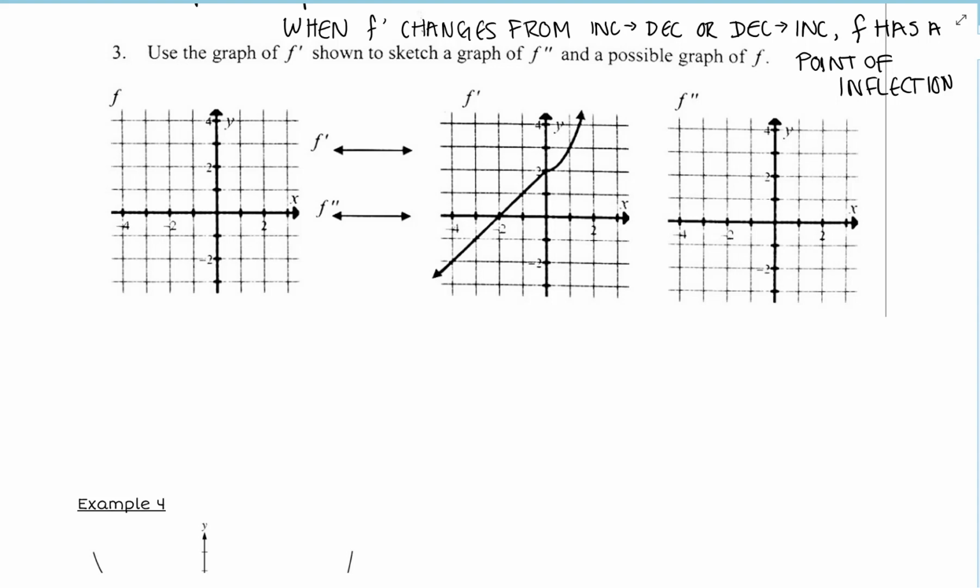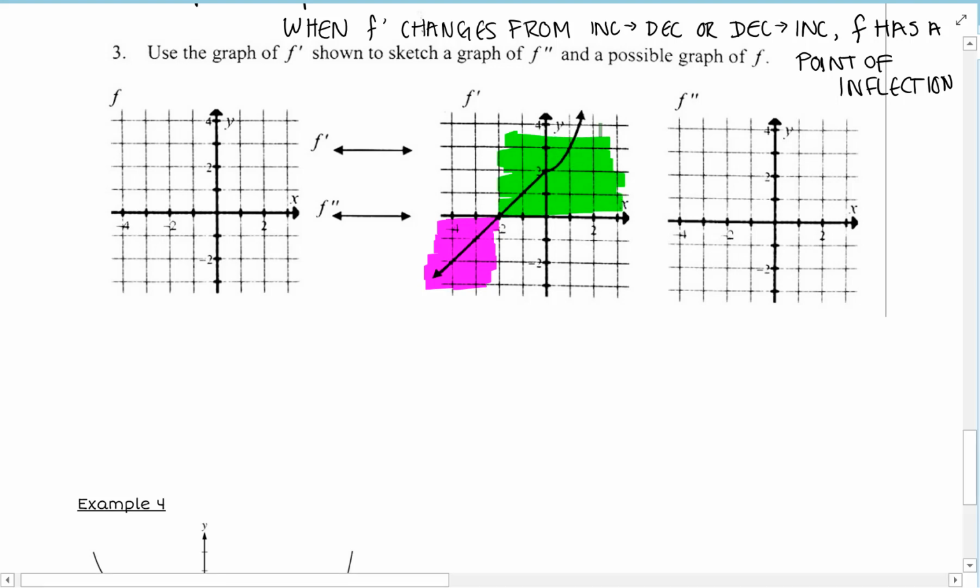The y values of f prime are below the x-axis from negative infinity to negative 2. The y values of f prime are positive above the x-axis from negative 2 to positive infinity.